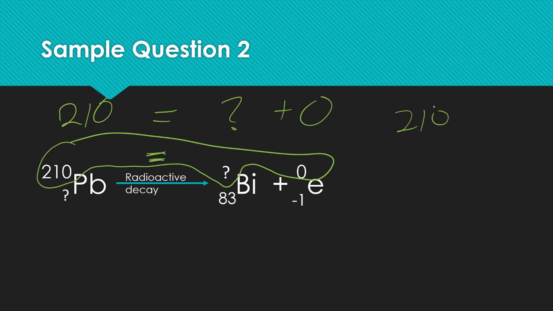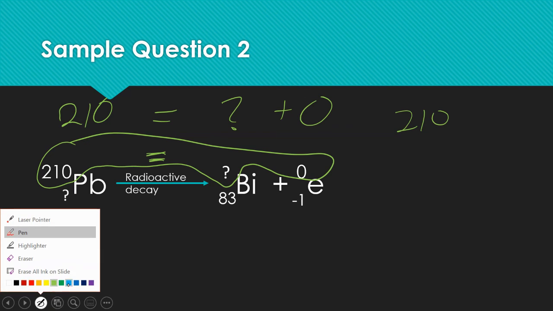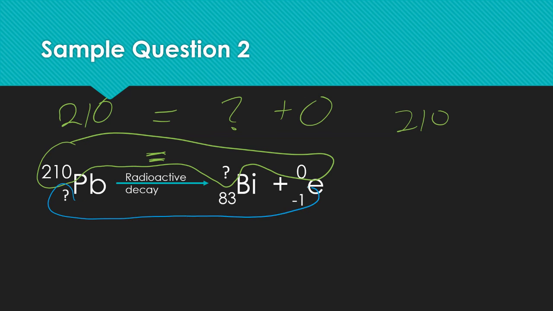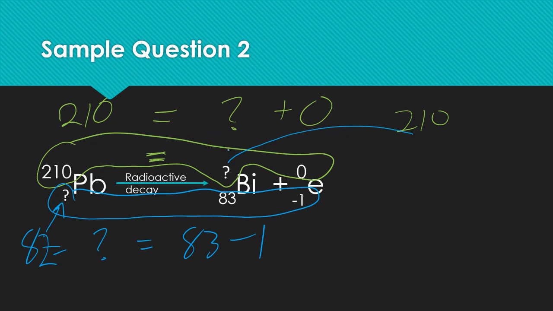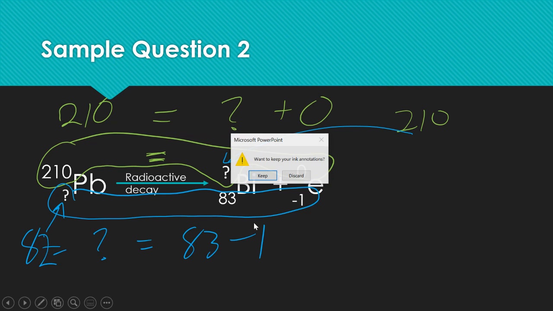And then in the bottom ones, question mark equals 83 minus 1, right? So that equals 82. So we learned that that number is an 82, and we learned that that number is a 210. And that's how you're going to do this for your homework.